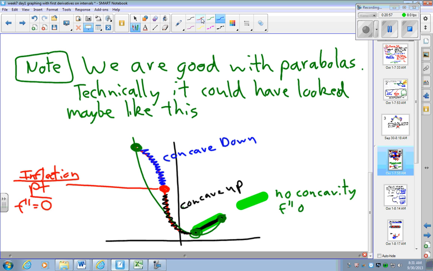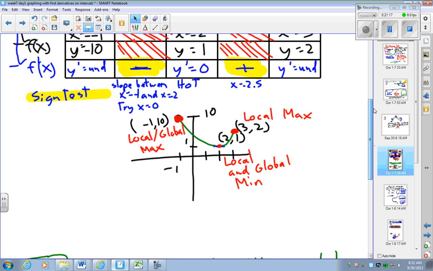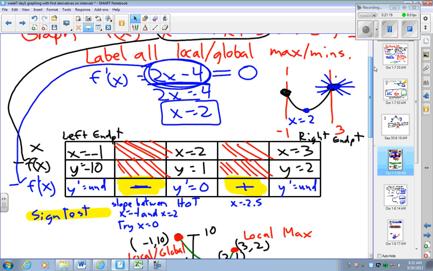Here it would have been f double prime equaled a negative, and here f double prime equaled a positive. I don't know the concavity of the parabola outside of we've done parabolas for the last 2 or 3 years. So in this case, yes, we got lucky that we know parabolas, so we know that it bends the way that we predicted on these two here.